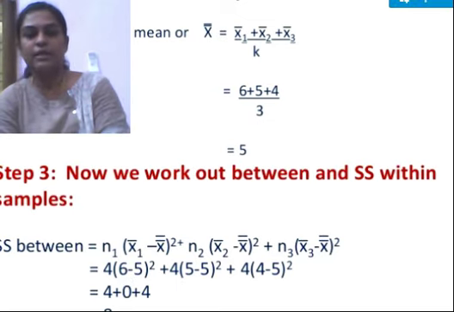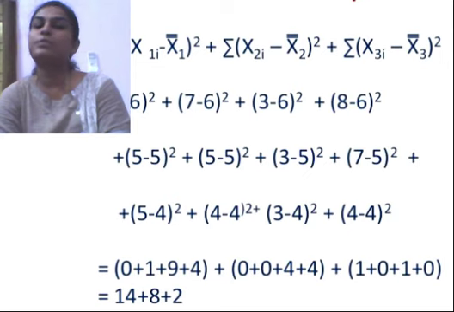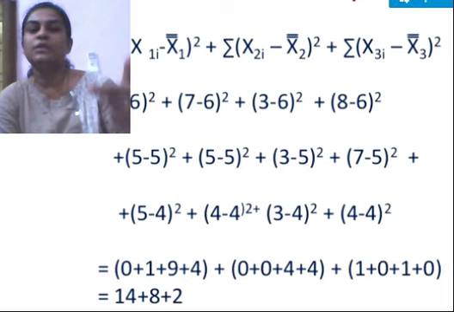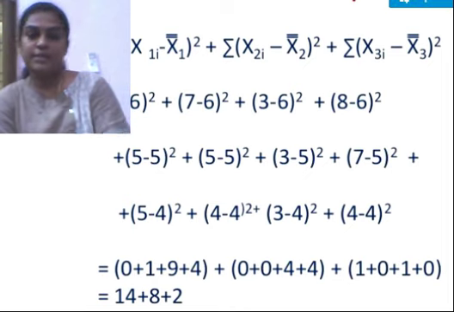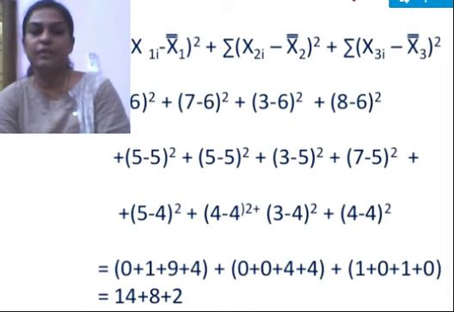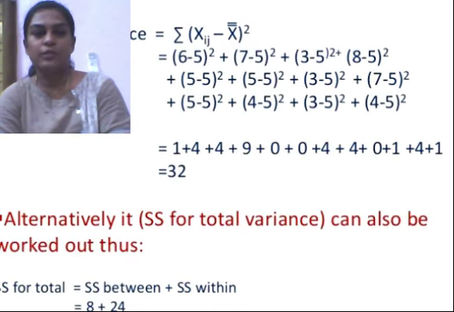The answer is 8. Next, we calculate SS within the samples; the total value from the calculation is 24. Go through it once more, and calculate by yourself using either Excel or manually, and check this. And the SS of total variance is 32.